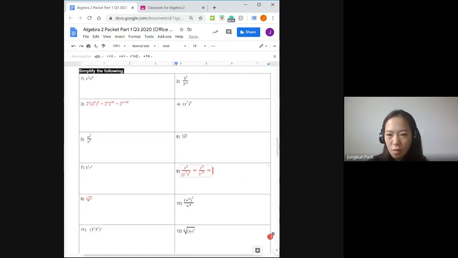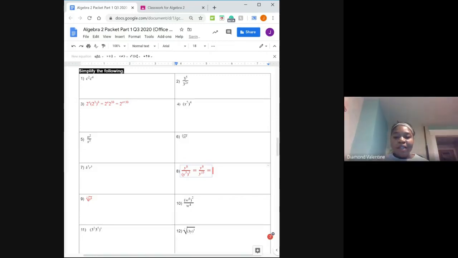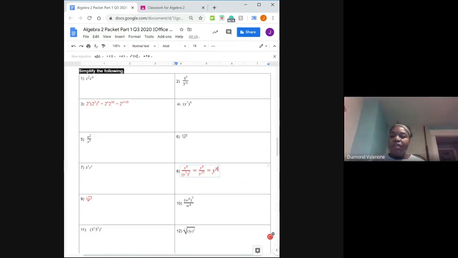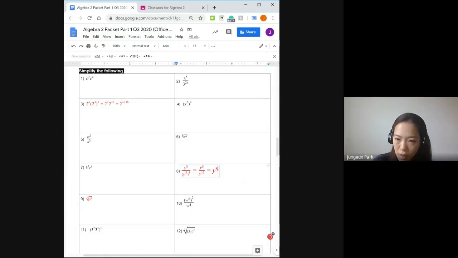And what do you do now? You'd still keep y. Okay. What about the exponent? You would subtract them, and it would be y to the 7th. 7th? What did you subtract from what? 15 minus 8.